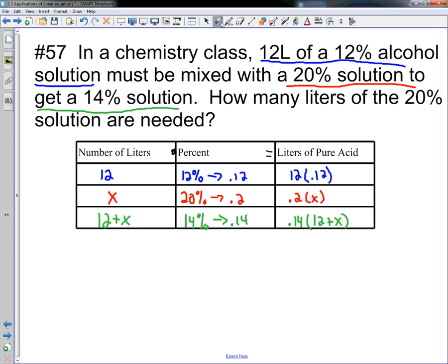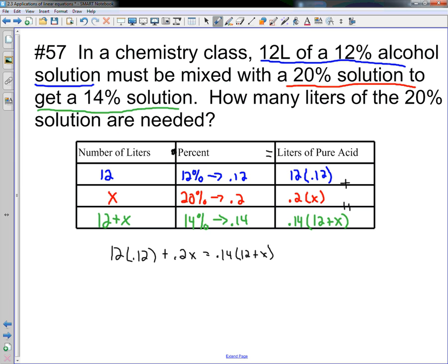So what we're dealing with is we're going to take the first two, add them together, and it should equal the bottom one. So we have 12 times 0.12 plus 0.2x should equal 0.14 times 12 plus x. So we've taken the first one plus the second one, and it should equal the third one.